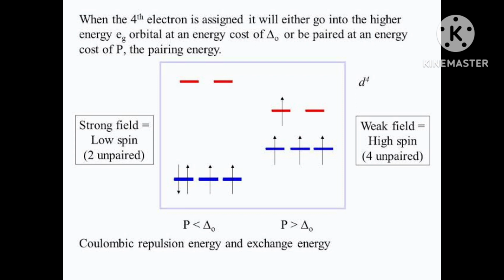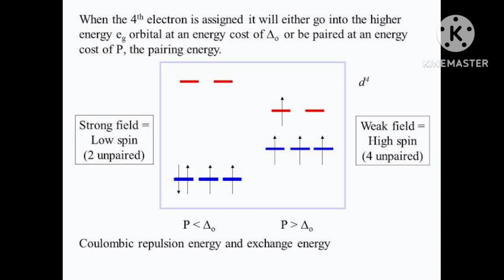The dxy, dyz, dzx, meaning t2g, will go up with energy 2/5 delta T, where T means tetrahedral, and the down orbitals will be 3/5 delta T. If you add both, 2/5 plus 3/5, it is 1.